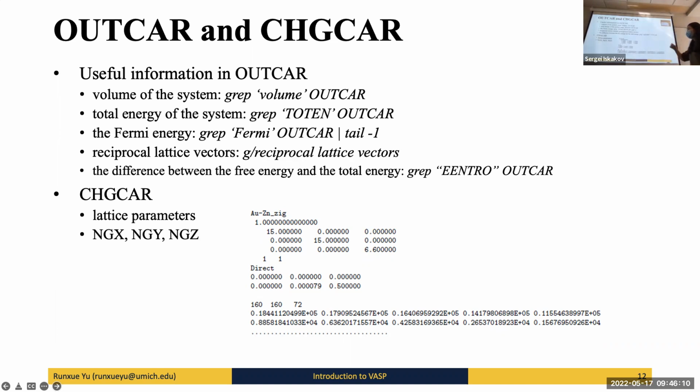Yeah, but VASP can also do dynamics, not just static calculations. It can do dynamic calculations, and they may have different values between them. So I'm confused, but that's probably a side point. But basically, I should expect energy and free energy to be the same. Yeah, usually it will be the same if you do a static calculation.